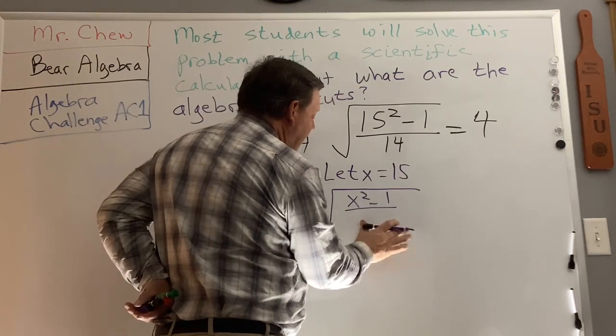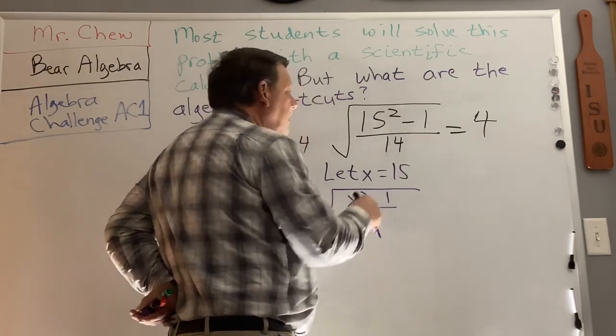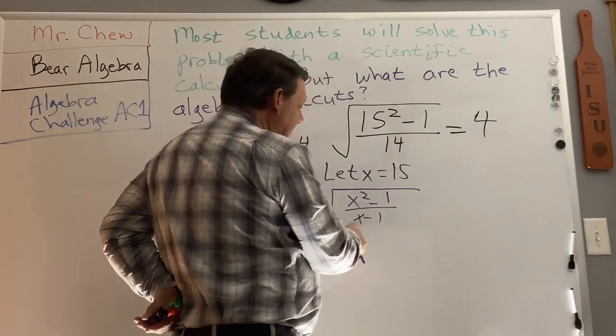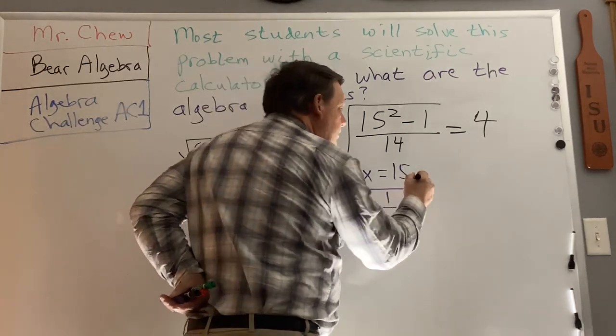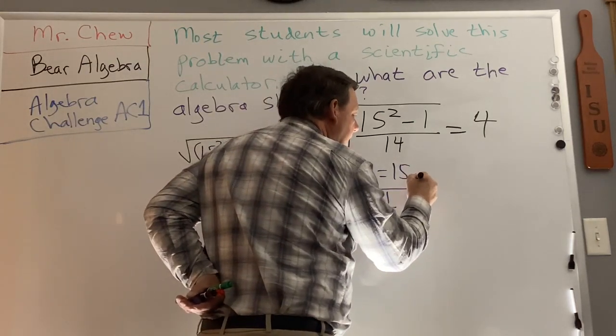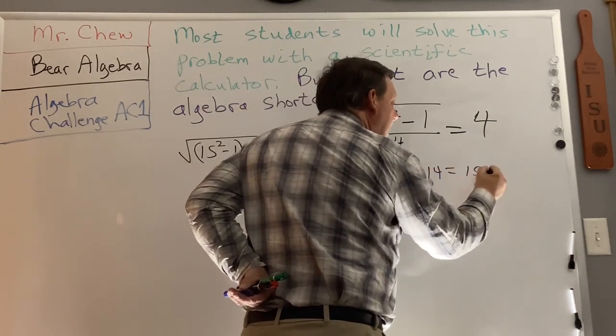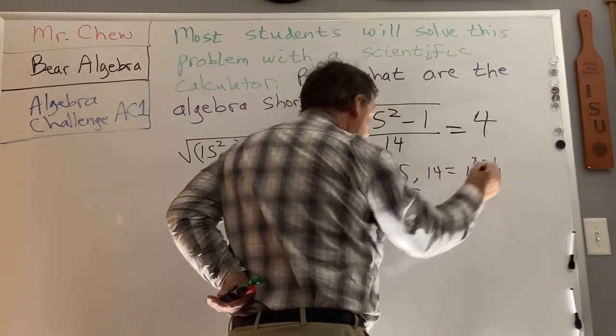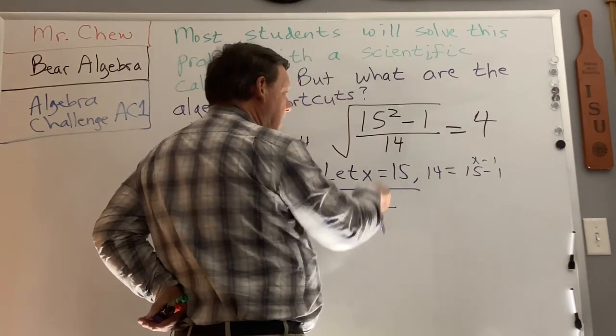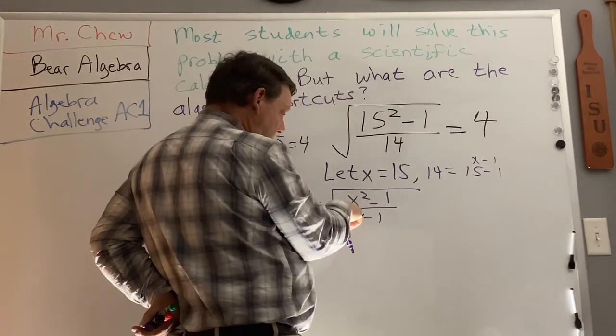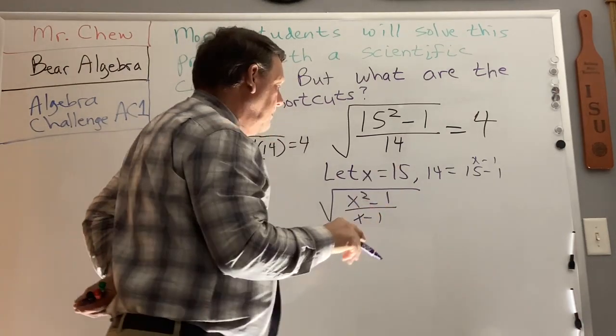All I'm doing is substituting. You see how 14 is x minus 1? 14 would equal 15 minus 1, which is x minus 1. And I've got 15 squared, there's my 15 squared minus 1.